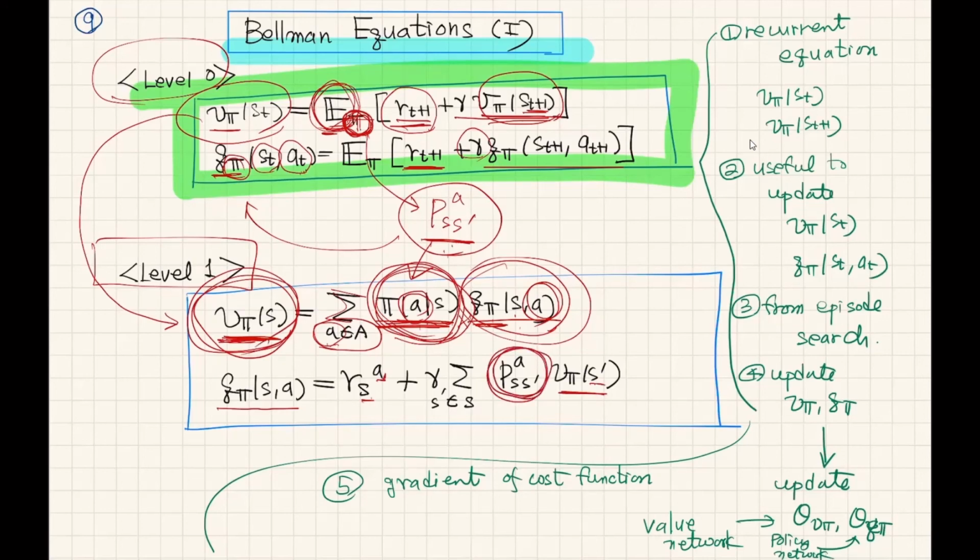You have to consider all the investment tomorrow that is added here. It is a future return. And that is the second Bellman function.